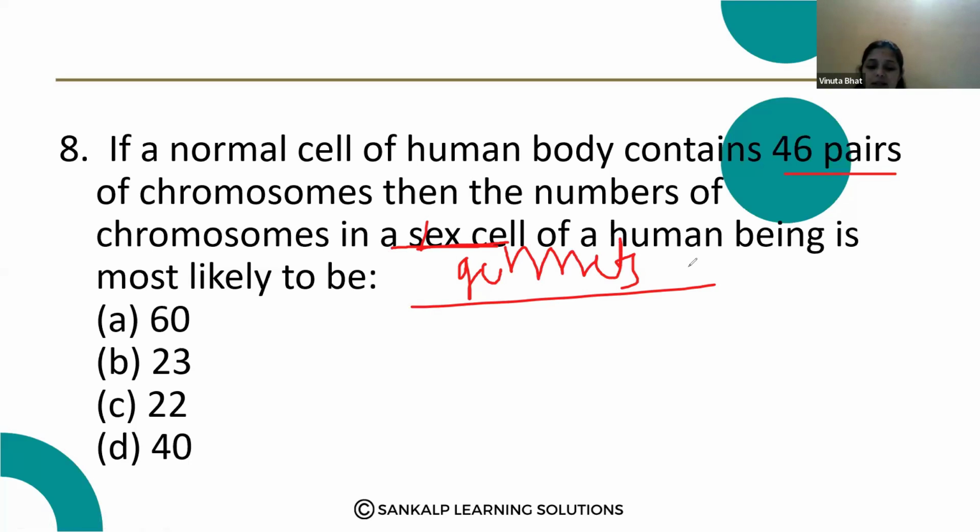Here total 46 chromosomes will be there. Gametes contain half of the chromosomes of the human body, that is 23. The correct answer is option B, 23.